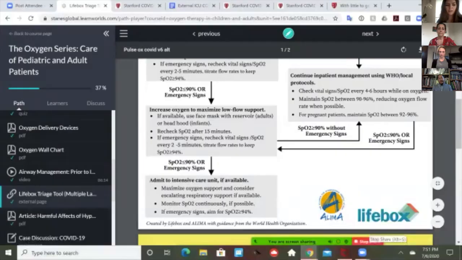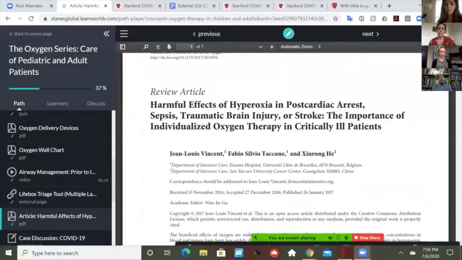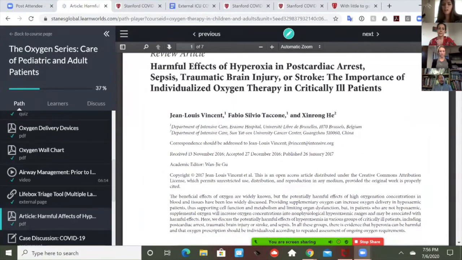Okay, and on our website, there's also an article, the harmful effects of hyperoxia. This study was done in ICU patients in Canada.